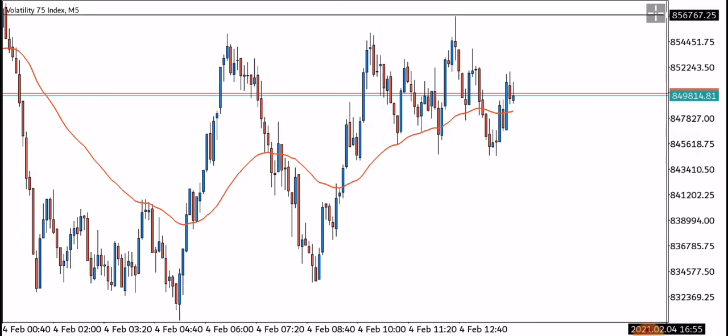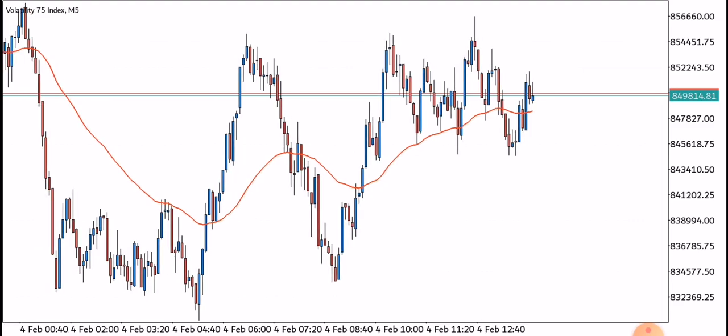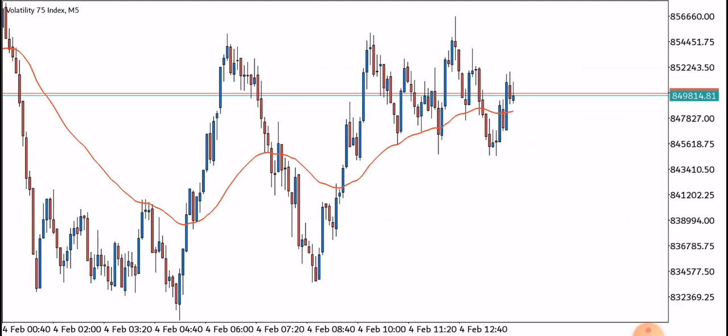And that is why the minimum lot size you can use to trade this asset is 0.001. That is the nano lot size, not the micro, but the nano. So you'll be trading it at 1 cent per pip. That's the minimum it gives you.